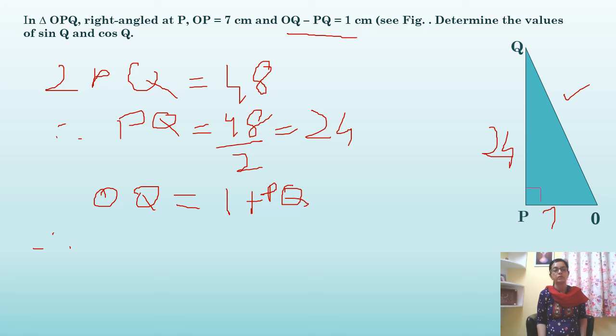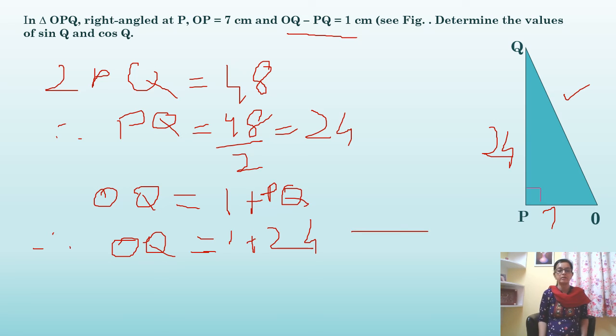Therefore, OQ is equal to 1 plus 24, that is equal to 25.